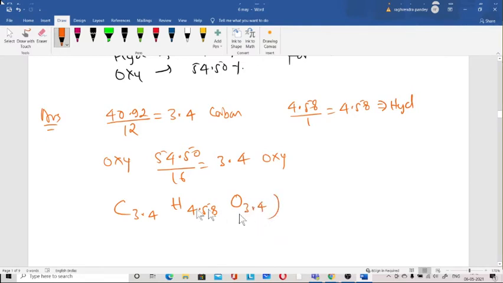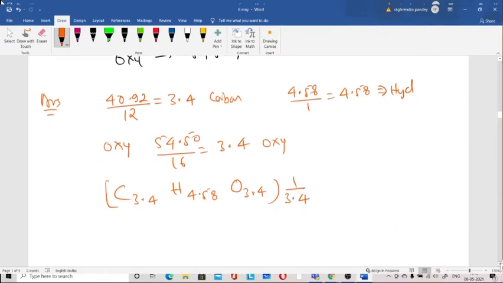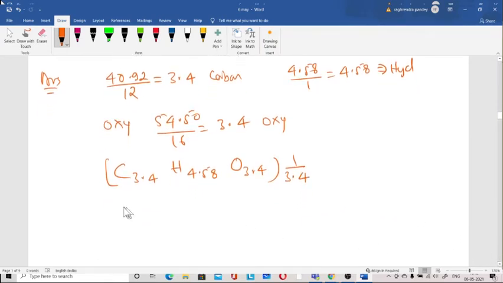What I told you is to divide by the lowest number, so divide by 3.4. What you will get here is C 1, H approximately 1.33, and oxygen 1. This is the important step here.